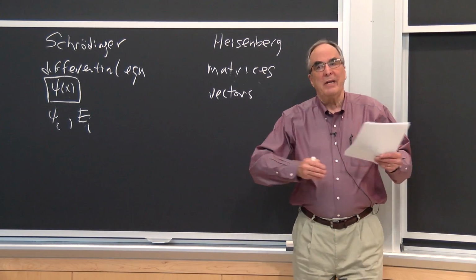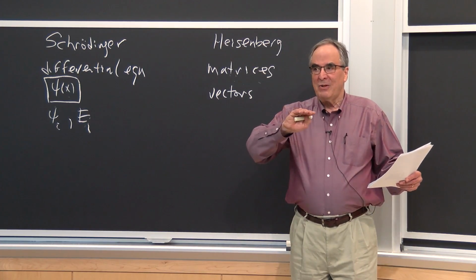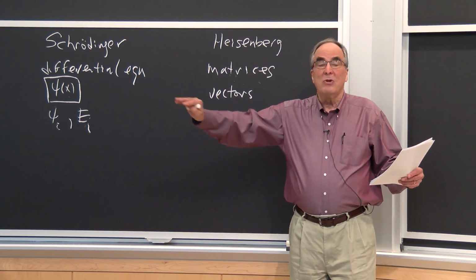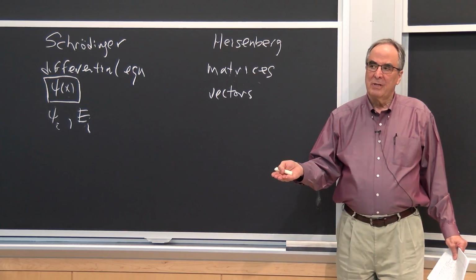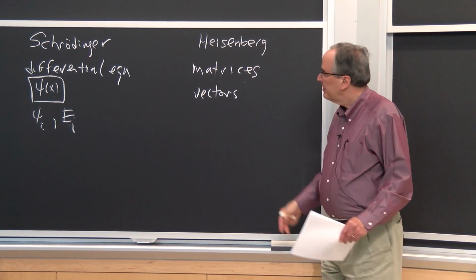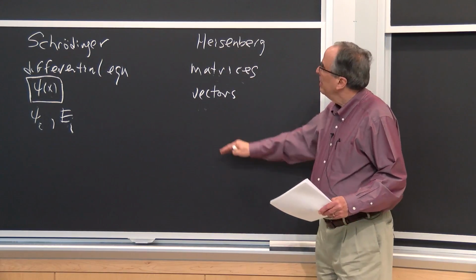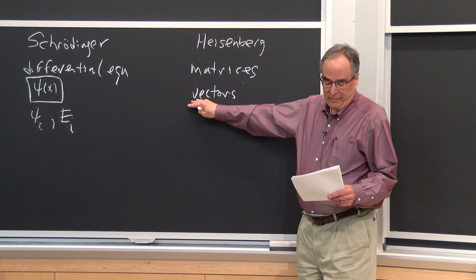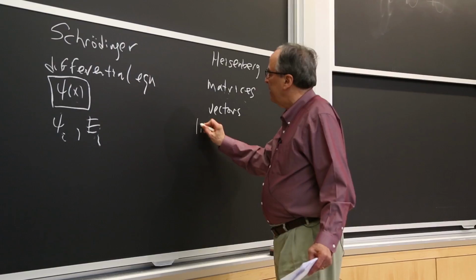But you don't write an infinite array of numbers down. You write a few numbers, and you recognize what the pattern is. And usually you have some function of the quantum numbers, and that generates all the elements in this matrix. And the solutions are going to be certain eigenvectors. And instead of differential equations, it's linear algebra.